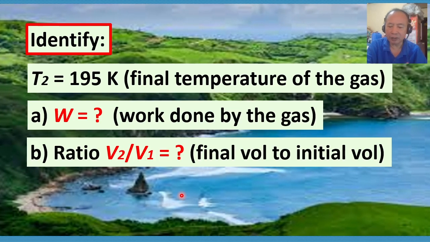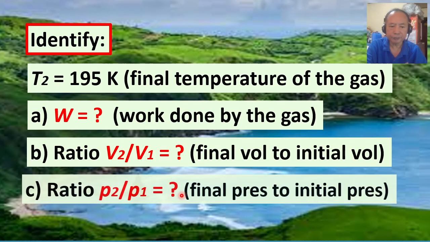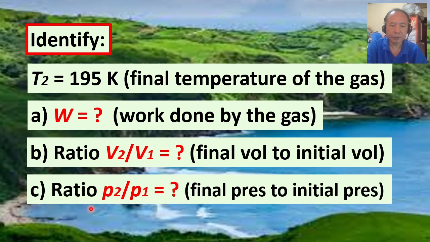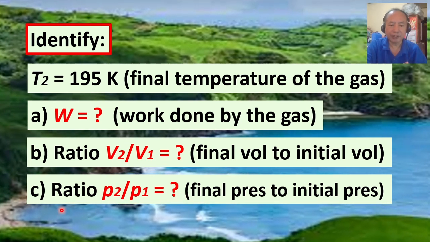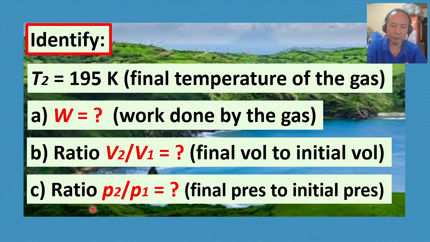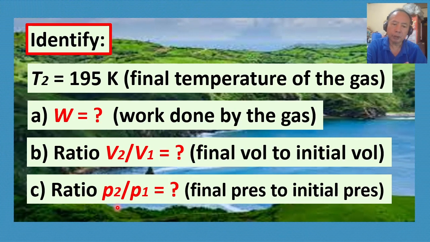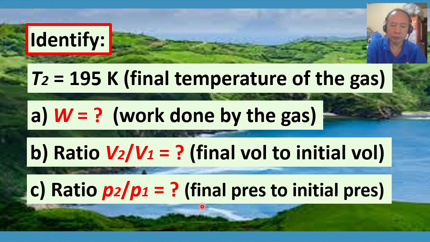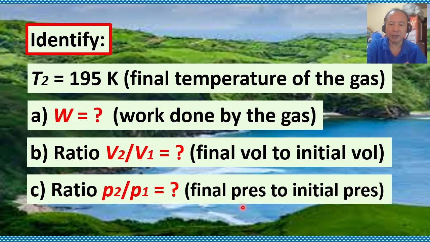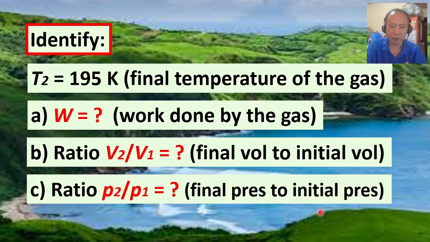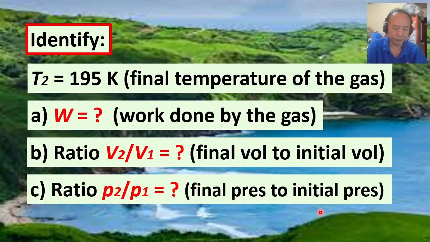And in part C, our target variable is the ratio P sub 2 over P sub 1, or the ratio of the final gas pressure to the initial gas pressure.